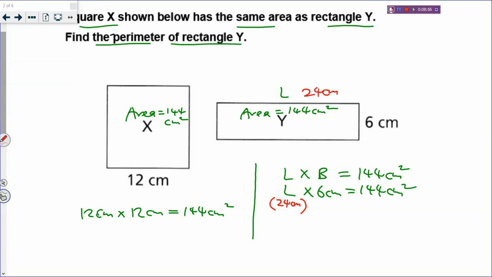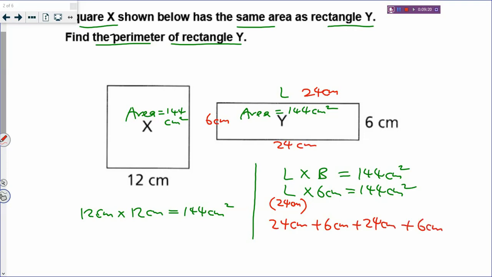So now can you find the perimeter? Perimeter means to plus, that's what I always tell my students. The length is 24 cm, and the breadth here is 6 cm. To find the perimeter, you take the length plus the breadth plus the length plus the breadth.